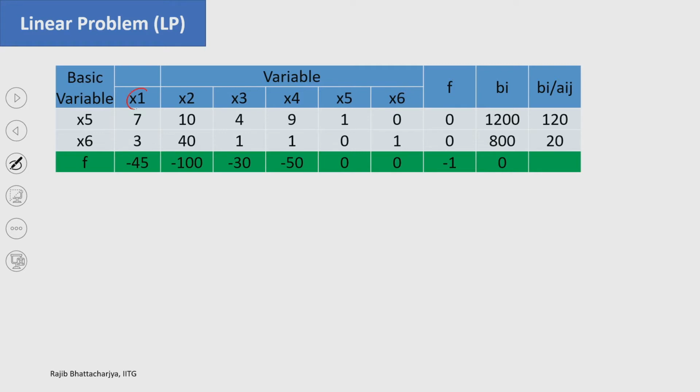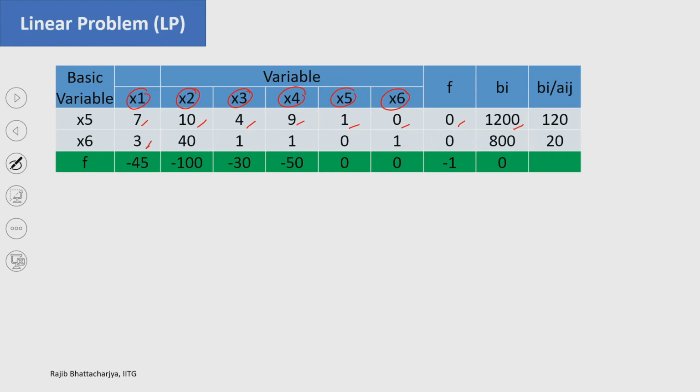So, we have x1, x2, x3, x4, x5 and x6. So, I am putting that constraint. So, the coefficient of x1 in the first constraint is 7, then x2 is 10, 4, 9, 1 and this is 0, and this is 0 and which is equal to 1200.